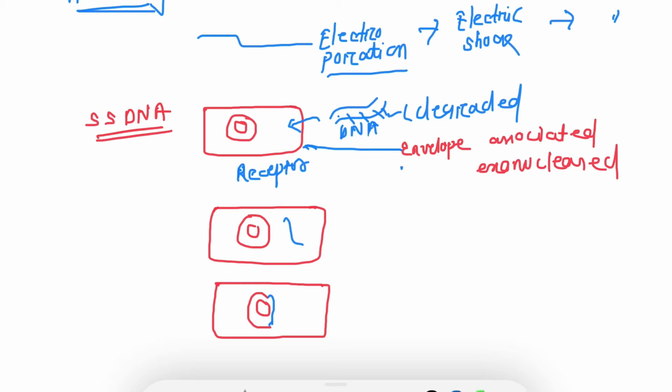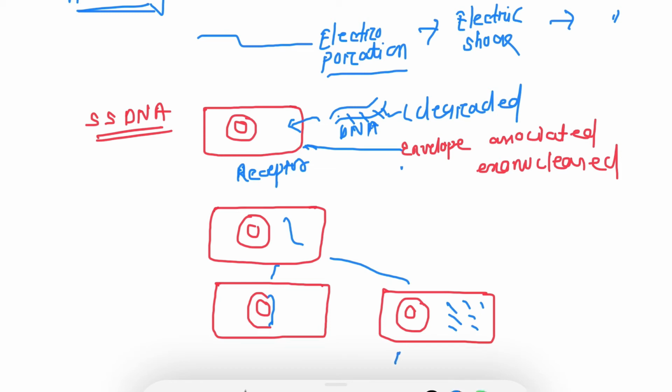Otherwise, if the homologous region is absent, the foreign DNA will be degraded in the cell, so there will be no successful transformation.